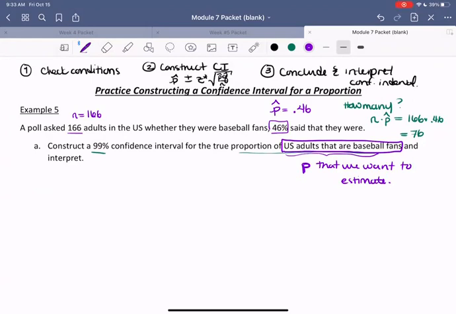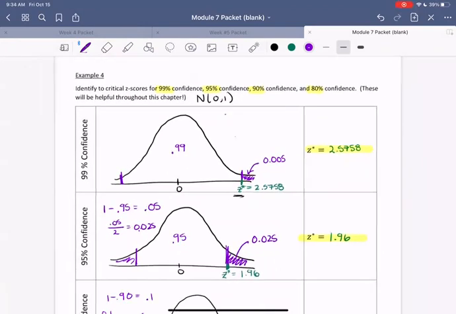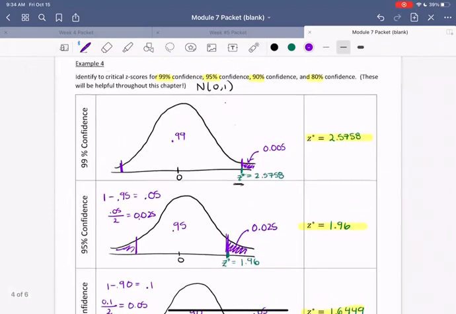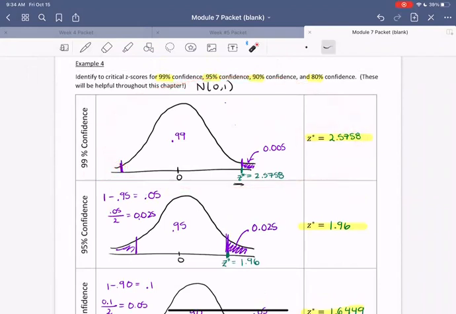This 99% tells us what we're going to use for our z star value. To find z star, we can look back at the table that we generated in the previous video. Looking at a 99% confidence interval, our z star is going to be 2.5758.